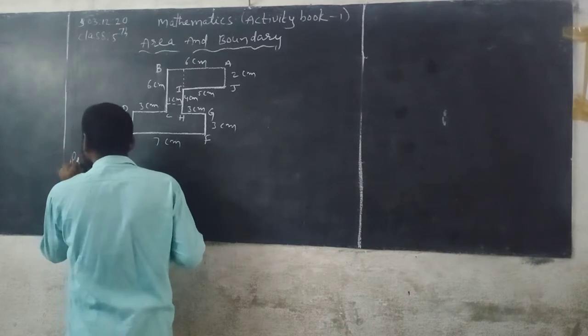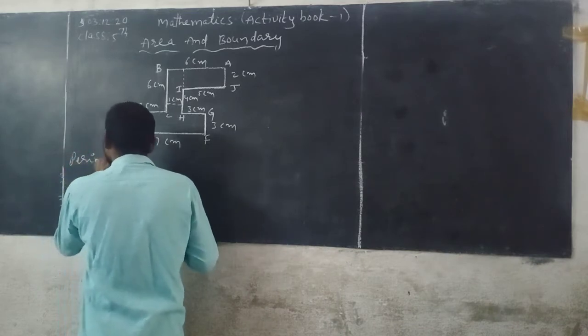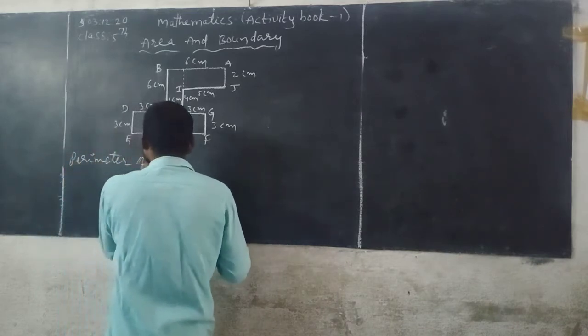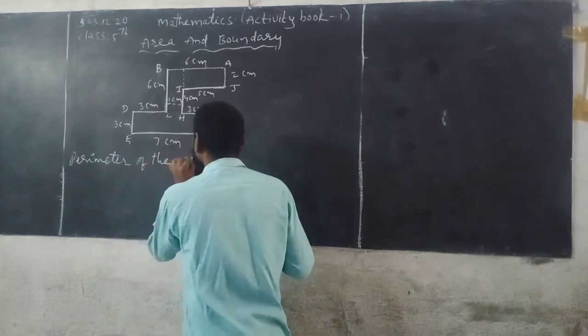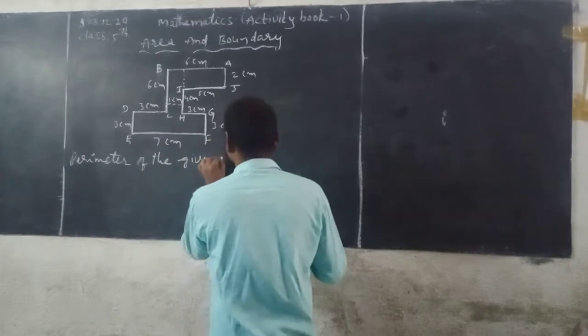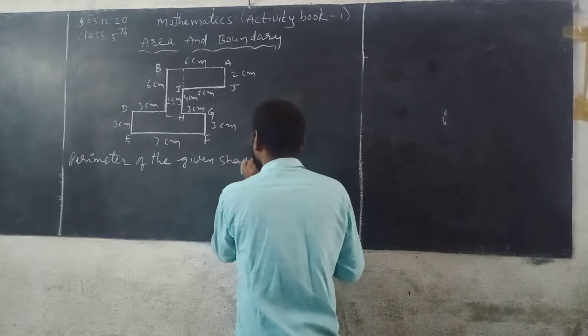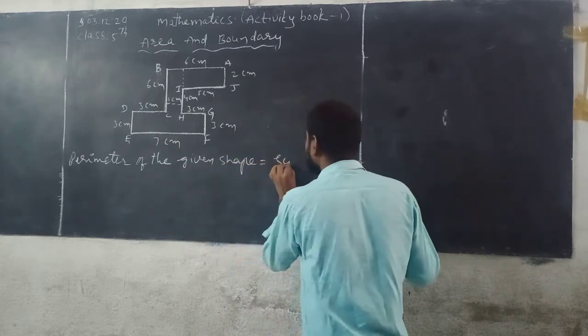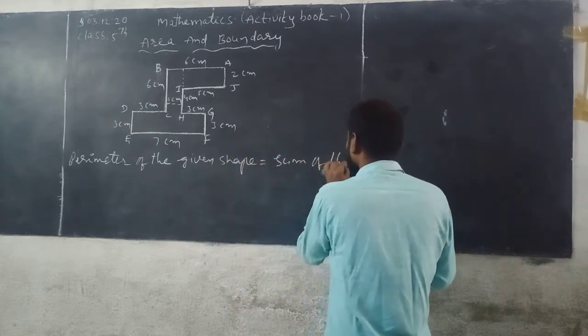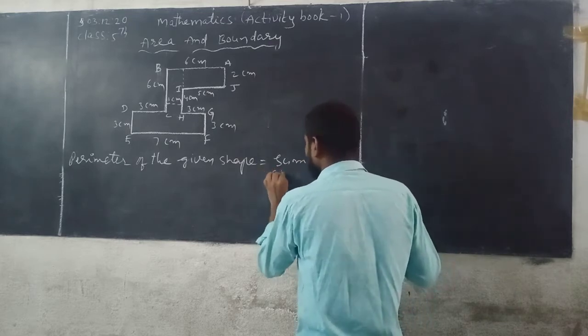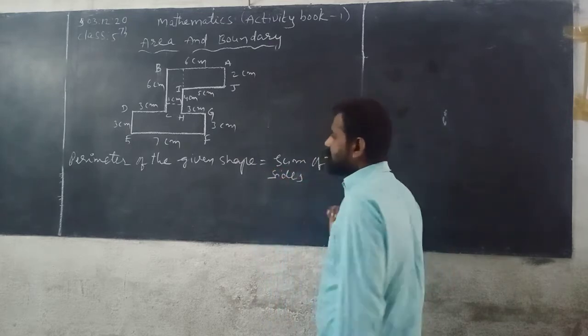Perimeter of the given shape is equal to the sum of the sides.